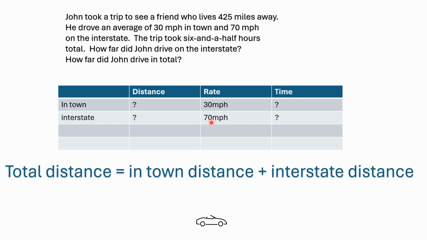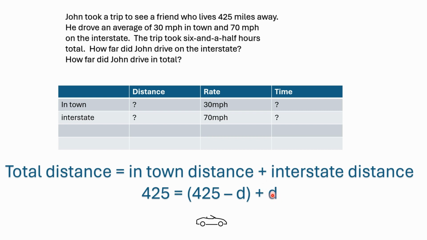And again, we know the total distance that he would have driven. We know it's 425 miles, and we know that total distance is a combination of the distance traveled in town plus the distance traveled on the interstate. We could create a variable d, which would be the distance traveled on the interstate.